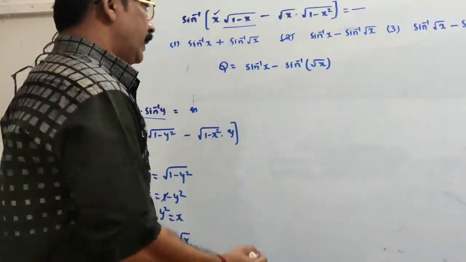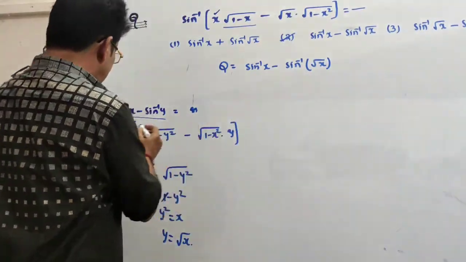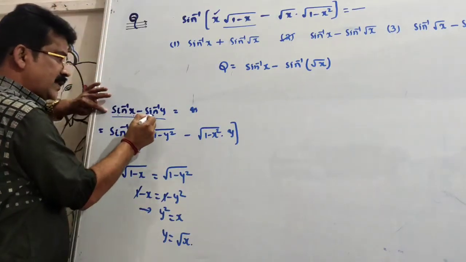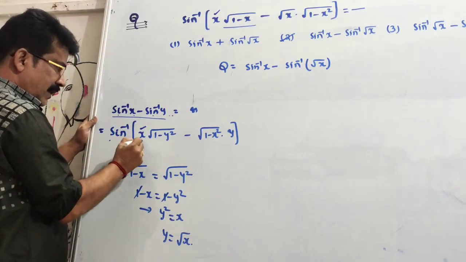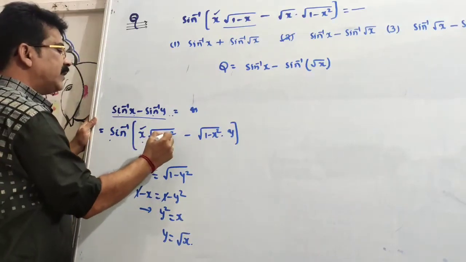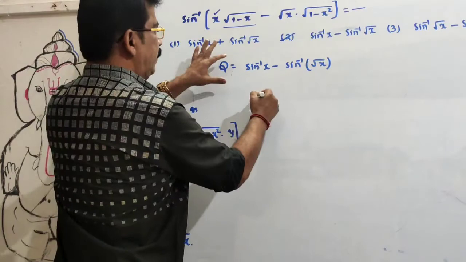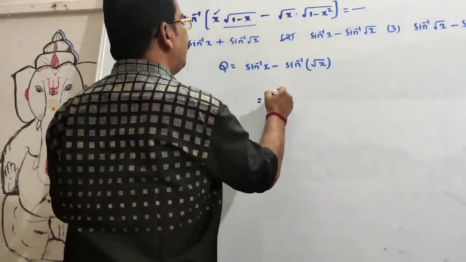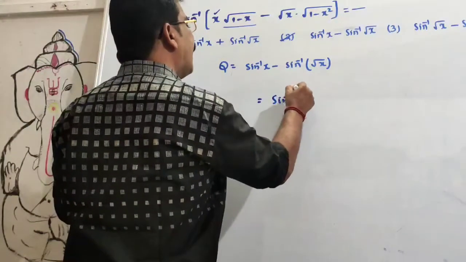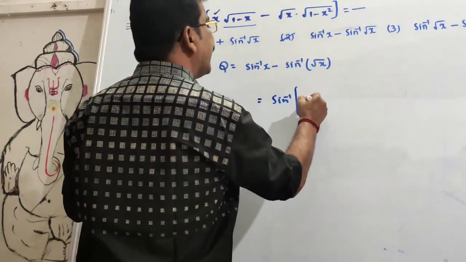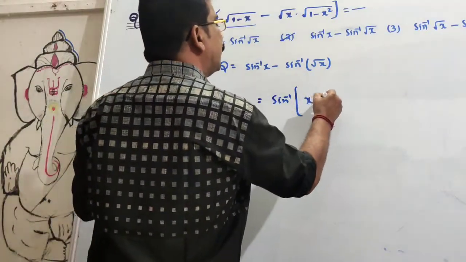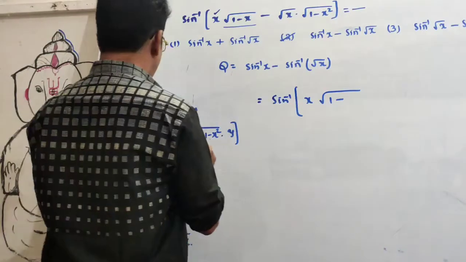Once again you can verify. Sin inverse of x minus sin inverse of y equal to sin inverse of x into root of 1 minus y square minus root of 1 minus x square into y. So by using this, sin inverse of x means x into square root of 1 minus y square.